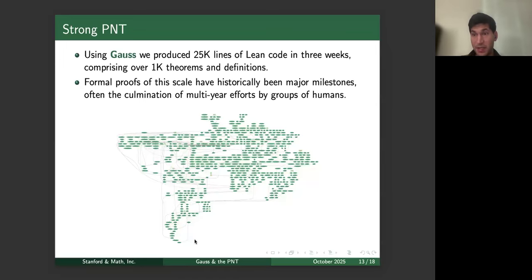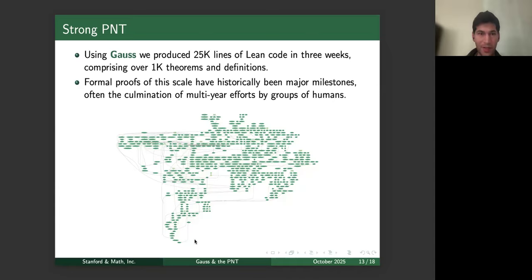So I should say that this is by no means the most compact proof, and the proof done by a human might be shorter by a factor of 3 or 4.